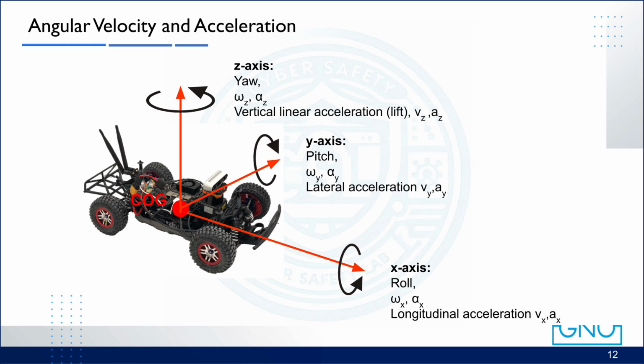Around the y-axis, the motion is pitch. That is the nose moving up and down, with omega y and alpha y. Around the z-axis, the motion is yaw. That is the car turning left or right, with omega z and alpha z. Together with translational motion in x, y, and z, these rotations form a 6-degree of freedom model.